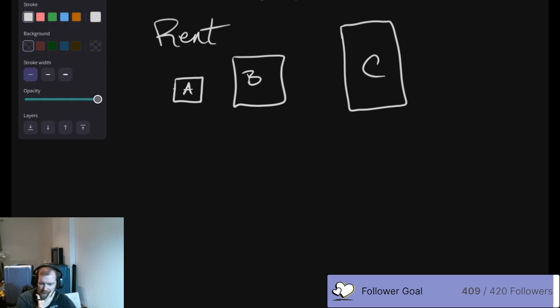so if, for instance, you have rent that's being collected from 3 different kinds of apartments, condos, whatever, that are of different sizes.